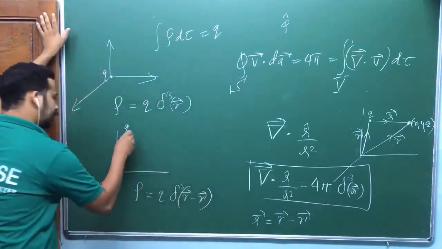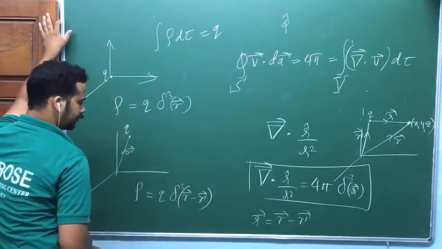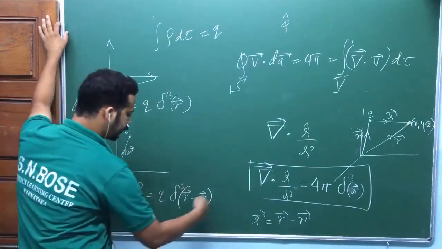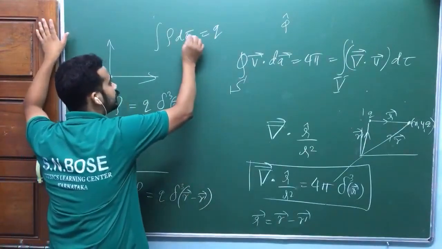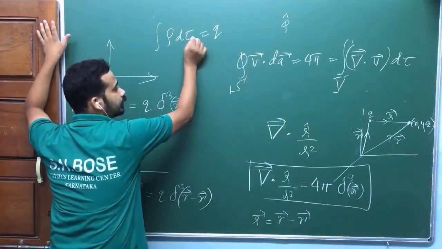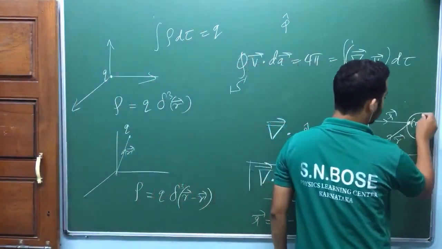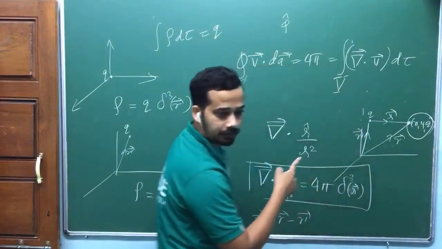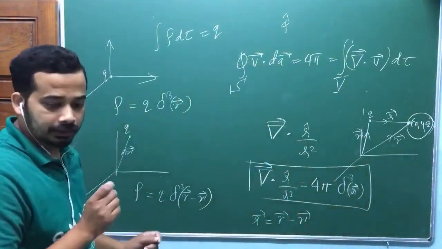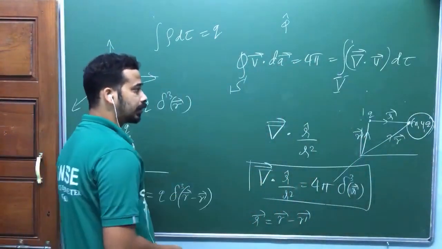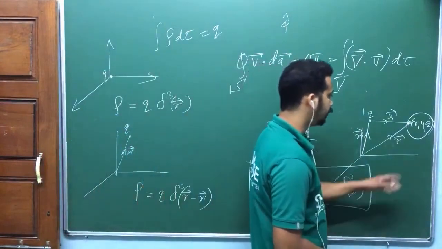Okay, that means when you take this point, again, if you integrate with respect to d tau, isn't it? That's what we are doing, d tau. That means integration with respect to this x, y, z, not x prime, y prime, z prime. Okay, try to grab this one so that later I can explain the concept very quickly. Is that okay?